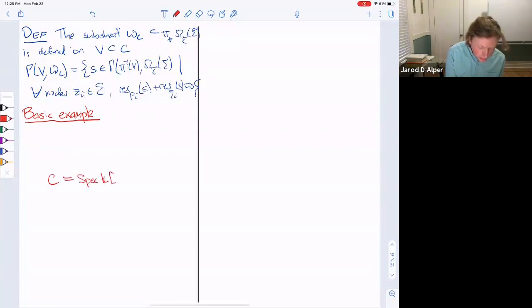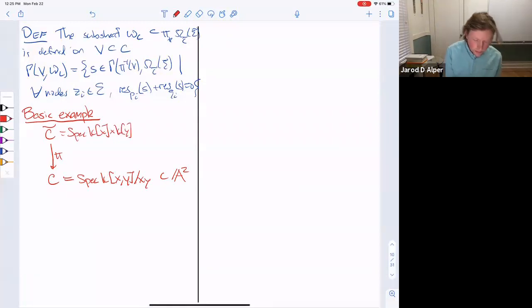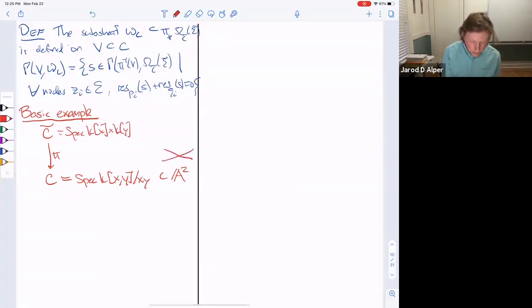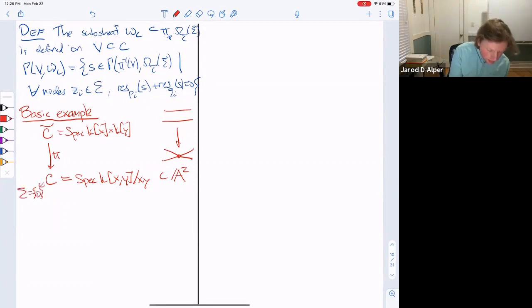Let's take the union of the two axes inside A2, and let's take its normalization, which is going to be the union of two axes. Here we have a singularity, and the normalization is just two copies of A1, right? We have one singularity, which is 0, and its preimages, let's just call them P and Q.